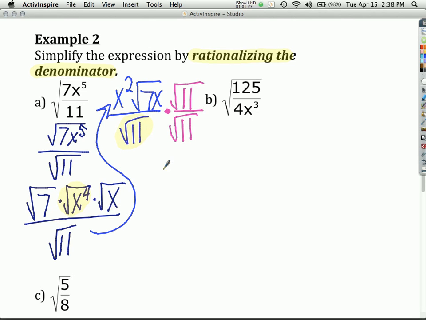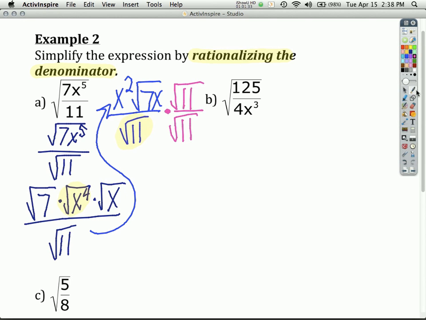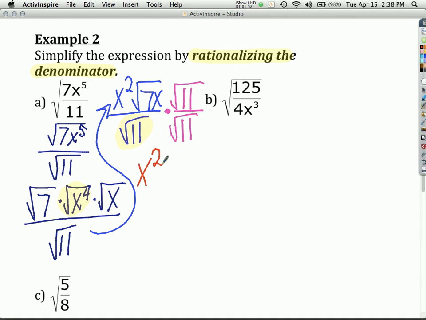And I'm going to continue going down. So now multiply everything out. X squared is outside the radical, so that's going to stay outside. Radical times radical, you multiply what's inside times what's inside.